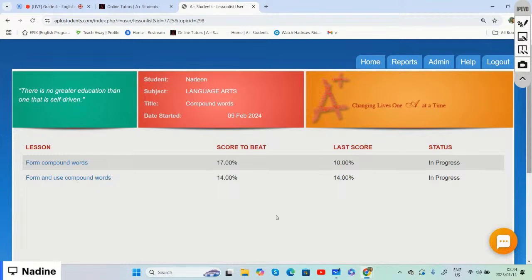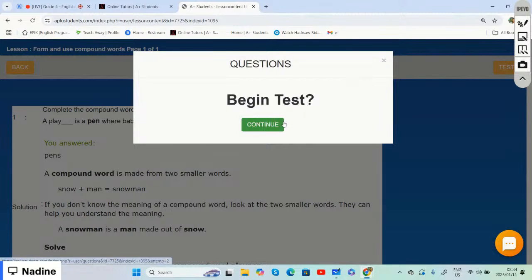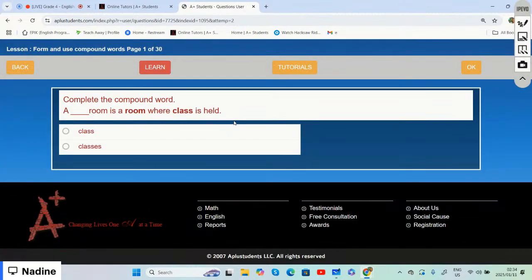So now we're going to form and use compound words by looking at the context in which the compound word or compound noun is written. A what room is a room where class is held? Is it a classroom or classes room?